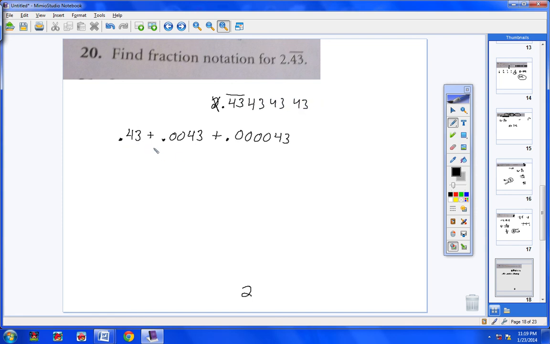And so if you take 0.43 plus this, you'll just get 0.4343, which is totally legit. Add all these together, and you'll get 0.43434343. And that's the same thing as this, because the bar over the 43 means the 43 is repeating. So I know this is new, but it's good for you to think about this.